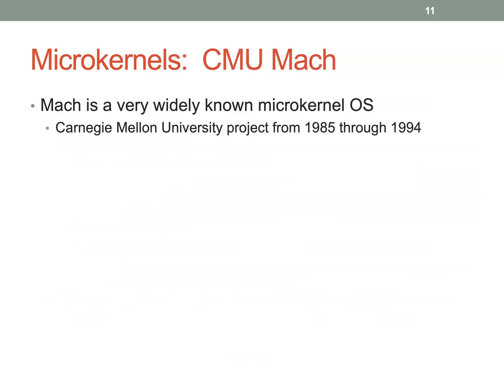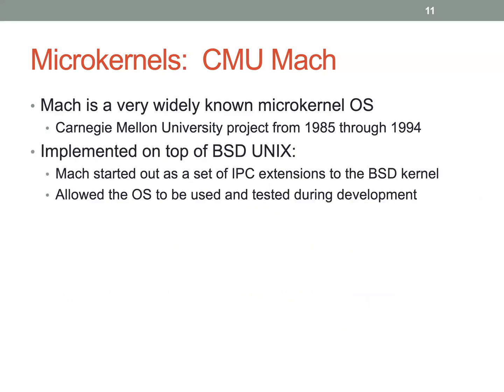Okay, so Mach, I guess we're going to talk about it right now. Mach is a project that was created at Carnegie Mellon, not too surprising. CMU does a lot of innovative software and computer science research, and Mach is incredibly well known. It was implemented on top of an existing operating system called BSD. I'm sure many of you have heard of BSD.